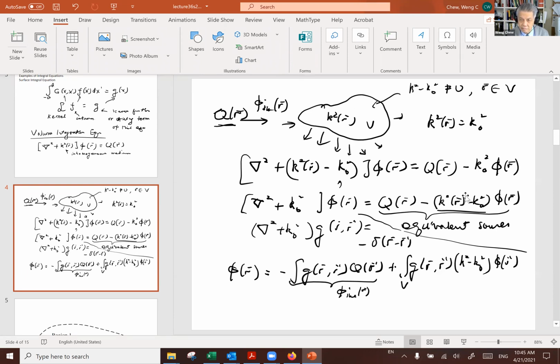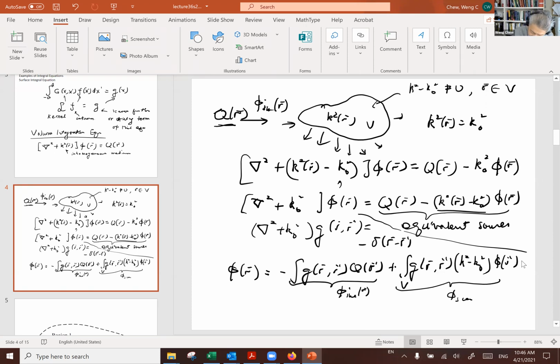That inhomogeneous medium makes this term non-zero. When I integrate this, I only need to integrate over the volume of this scatterer, and this will produce a scattered field. This would not have been there if the scatterer is absent. If k squared r is k naught squared everywhere, this term would have been 0, but it's not equal to k naught squared inside this V, so it contributes to the term which I can call the scattered field.